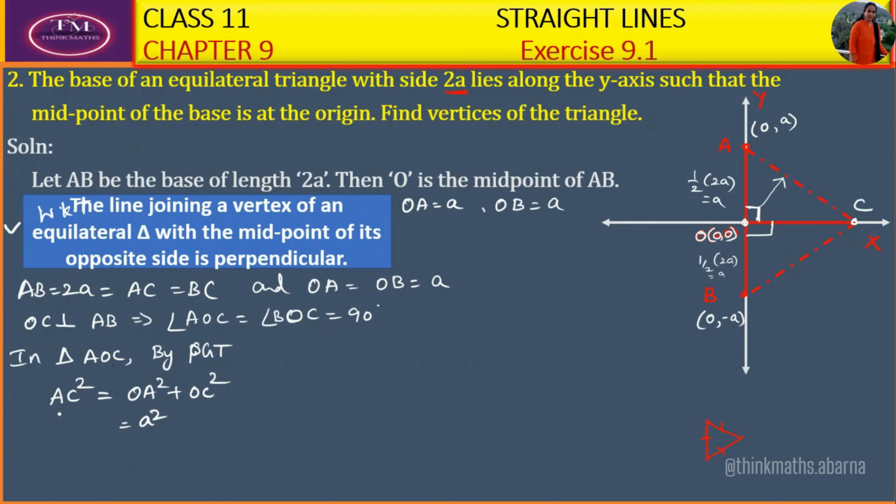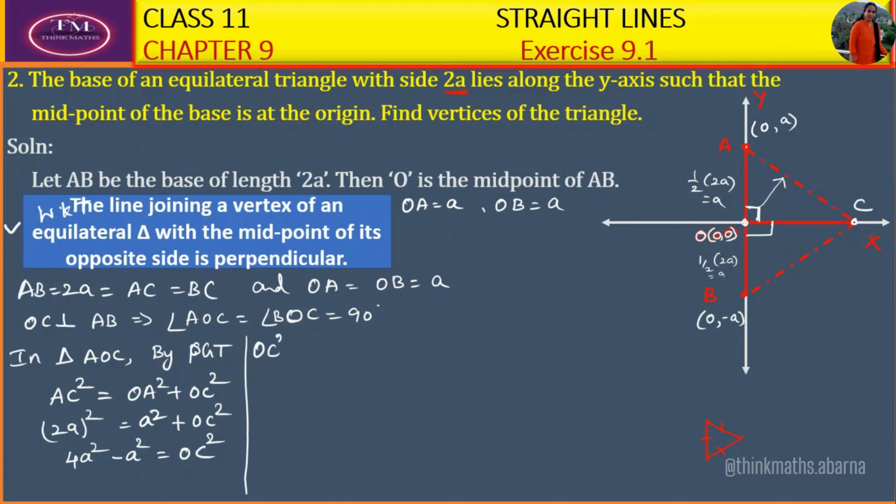And what is AC square? AC is the side of the equilateral triangle, which is 2A. So 2A whole square is equal to A square plus OC square. Okay, 2A whole square is 4A square. This A square, if I take it to the left hand side, it will be minus A square, equal to OC square.